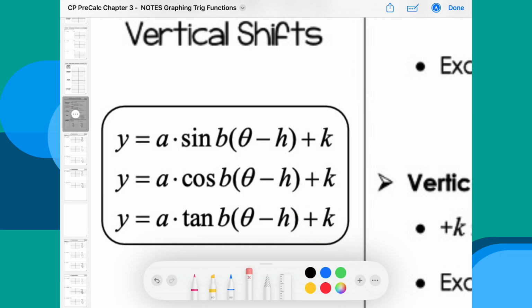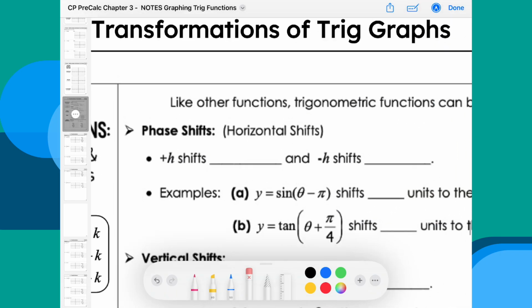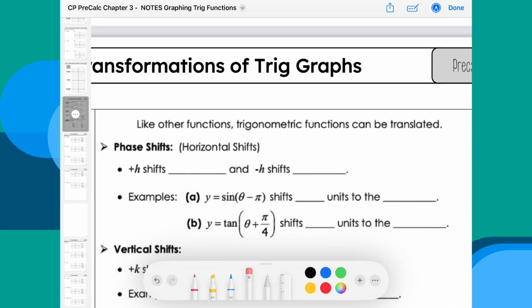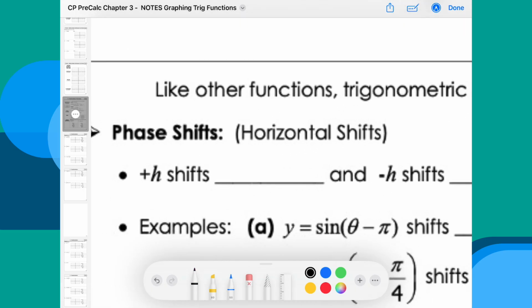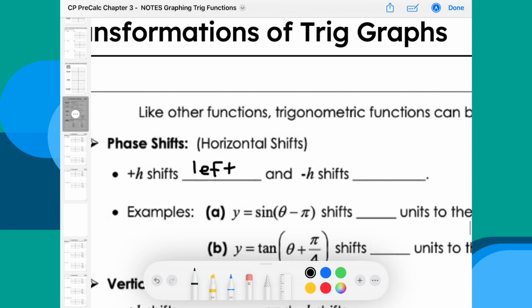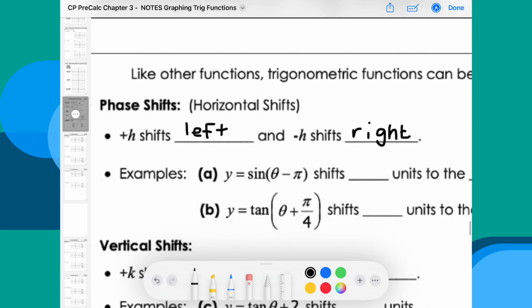Remember that when you have h, if it's positive, it's going to the left, and if it's negative, it's going to the right. So when you see a plus h, we are shifting to the left, and if you see minus h, we're shifting to the right. Both of those will happen within parentheses.